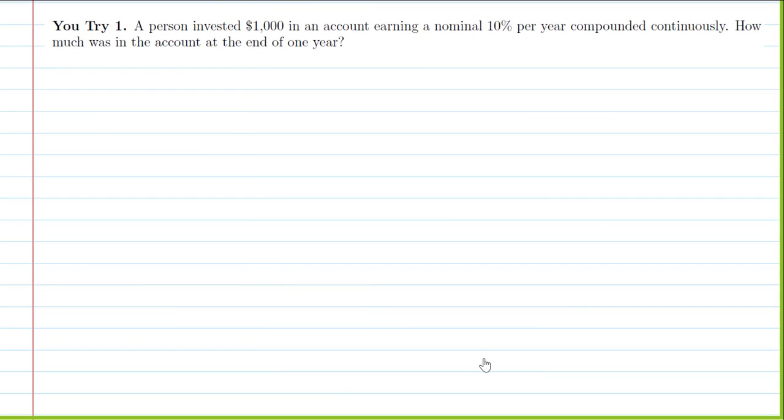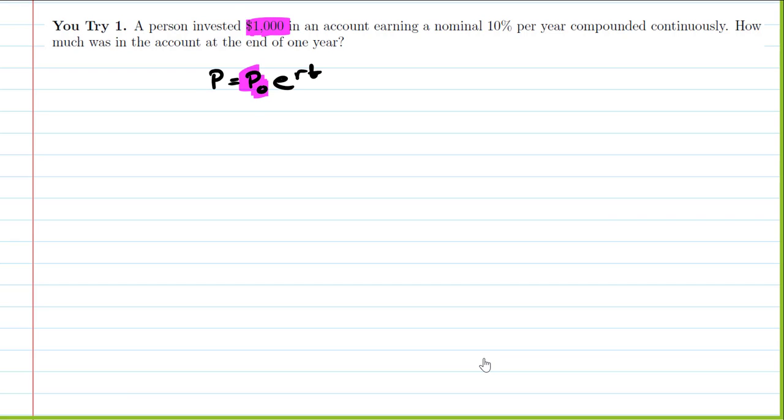All right, so to resolve this, we're going to need to use our continuously compounded interest formula. If it were simple interest, 10% of 1,000 is 100, so after 1 year it would be 1,100. But we have P equals P naught e to the rt, and our starting amount is going to be 1,000.